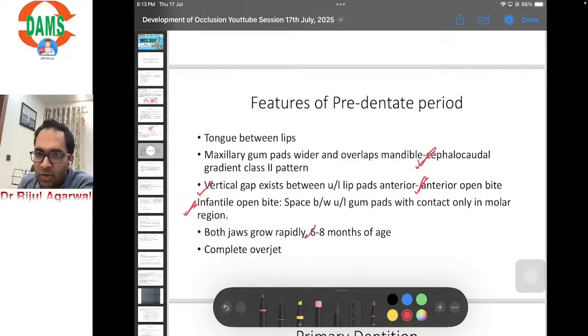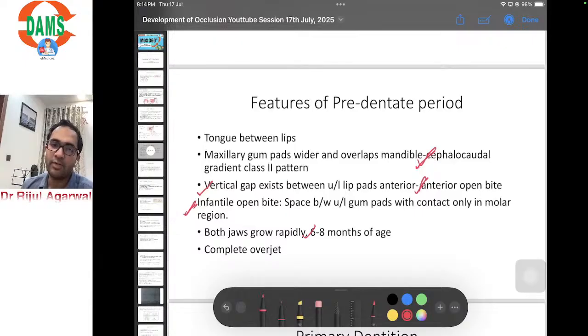So what kind of MCQ do you get in your exam? There will be a long full page MCQ. A mother reports to your dental clinic with a child of approximately 3-4 months, with a complaint that there is a gap between the teeth, gap in his mouth, or the child is unable to close his mouth.